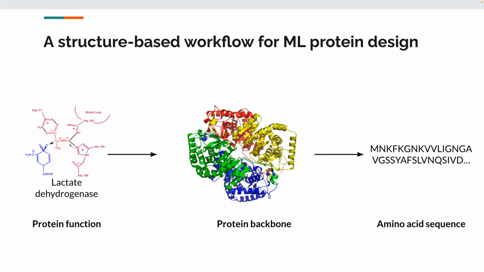And so this workflow generally follows starting with a protein function that you want, or a specific coordination of a specific functional site on the protein, and then going to a backbone that can fold into that specific, or give you that specific function, and then figuring out an amino acid sequence that can then give you the backbone that you desire, and thus give you the function that you desire.